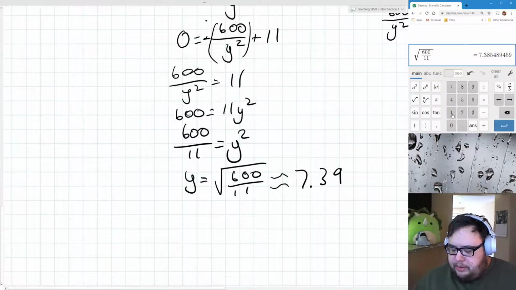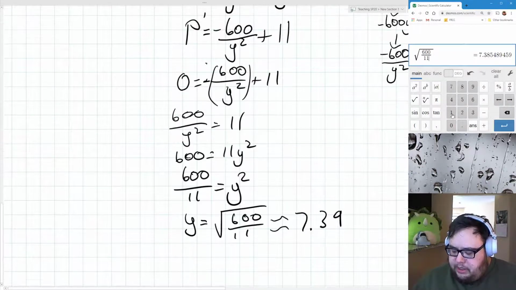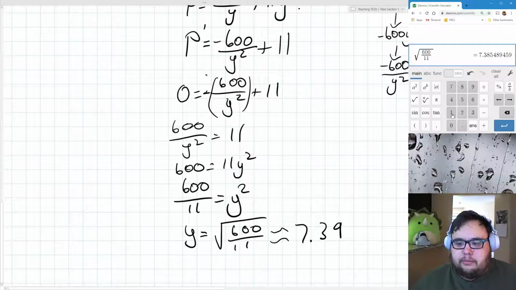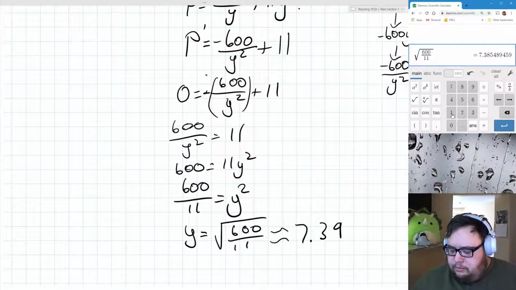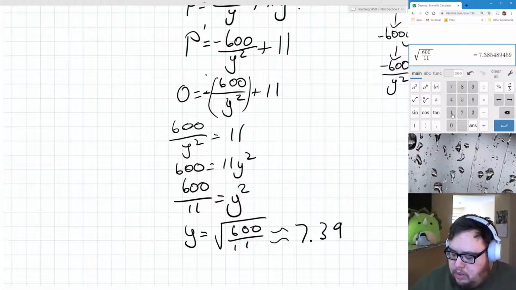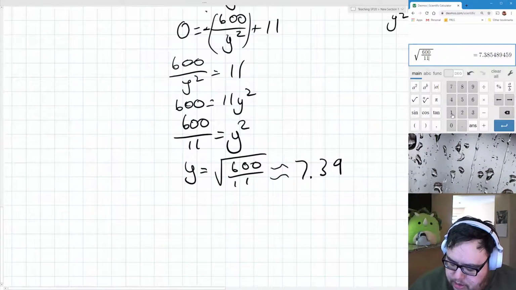All right. Is everyone else satisfied with our y value here? 7.39. All right, so we do need to check and make sure that this is in fact a minimum. So I'm going to do a second derivative test.